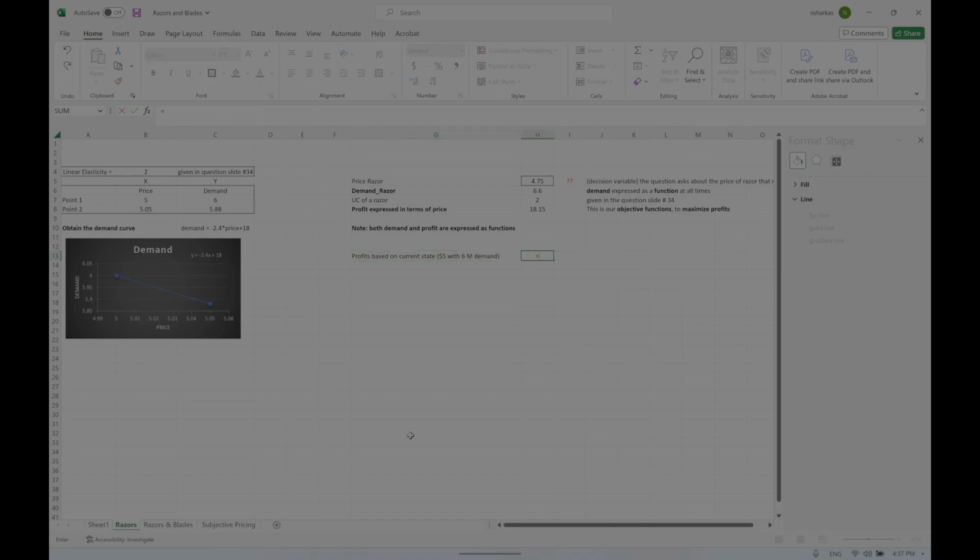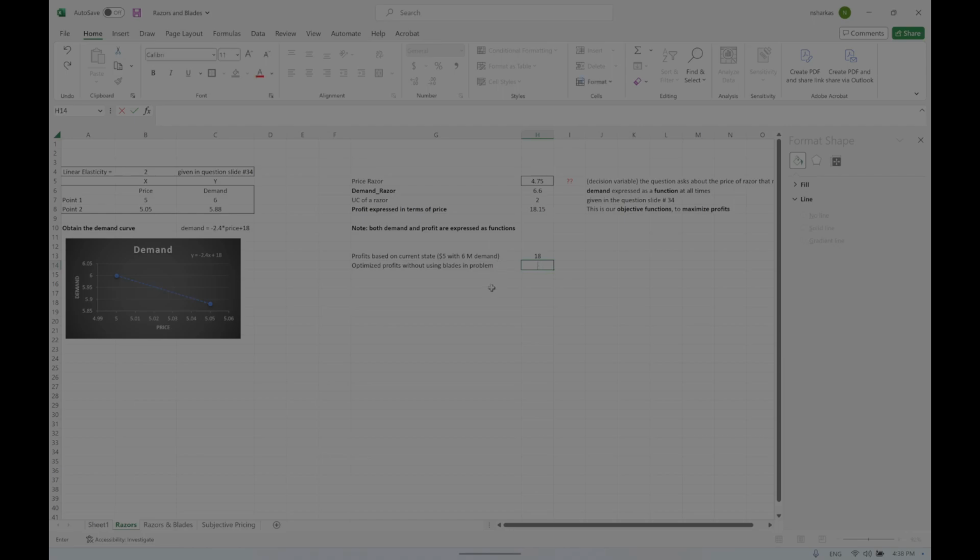It is equal to the demand times the price minus the unit cost, as you can see here, and then you will get 18, as we got earlier, and then the optimized profits without using blades in the optimization problem.